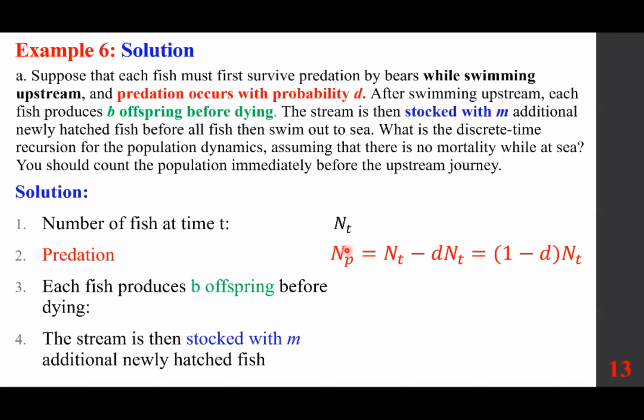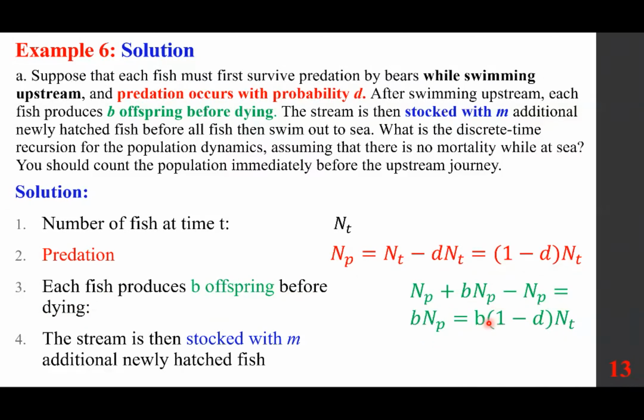So simply put, this step is being multiplied by however many offspring B. So you have a choice of simply multiplying this one by B, or explain that n sub p, we're going to add B times n sub p and then minus n sub p, because those who were in the previous time step, they are all gone because they are going to what? Die. So simply put this number times B.